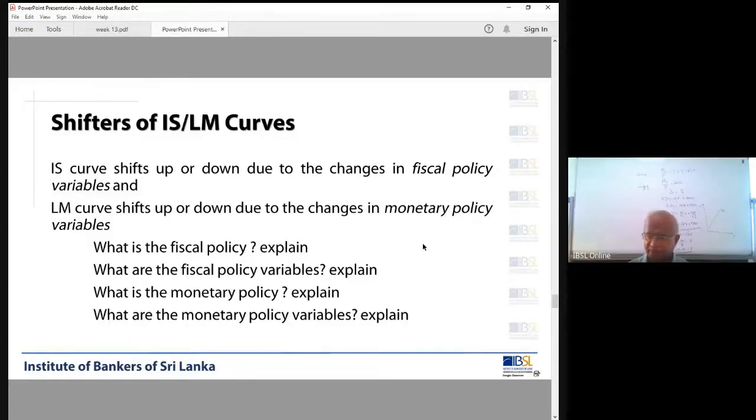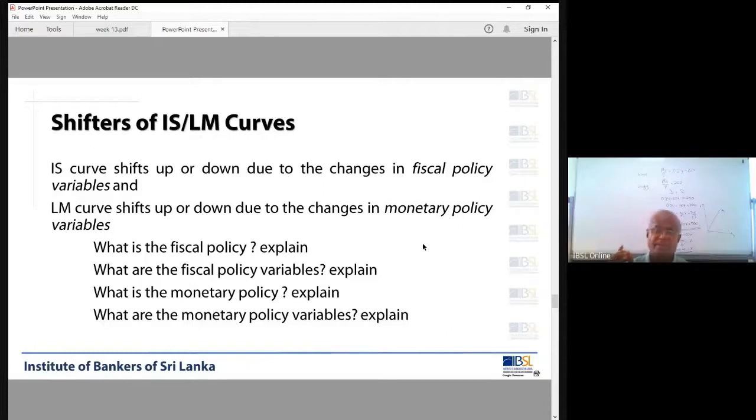Government can increase taxes or decrease taxes. In all these four situations, IS moves. If government increases expenditure, IS shifts up. If government cuts expenditure, IS shifts down. If government cuts taxes, IS shifts up. If government increases taxes, IS shifts down.